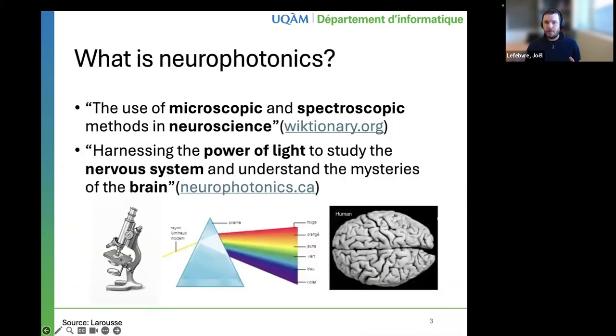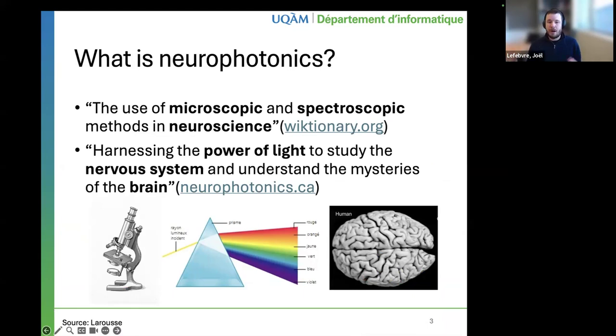Okay, so first, what is neurophotonics? We can use two simple definitions. One comes from Wikipedia and the other from the Neurophotonics Society here in Quebec, Canada. The first is that neurophotonics is the use of microscopy or spectroscopic methods in neuroscience.